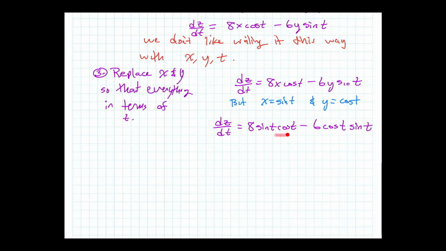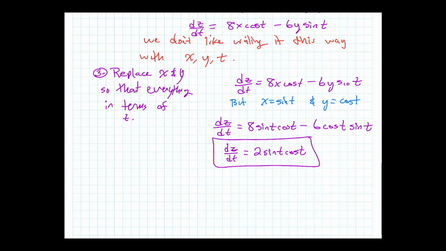Because this is sine t cos t, and this is sine t cos t. So you just have 8 of those minus 6 of those, and therefore you simply have 2 sine t cos t. And that's actually what you would want to box for your answer, because that's much simpler.